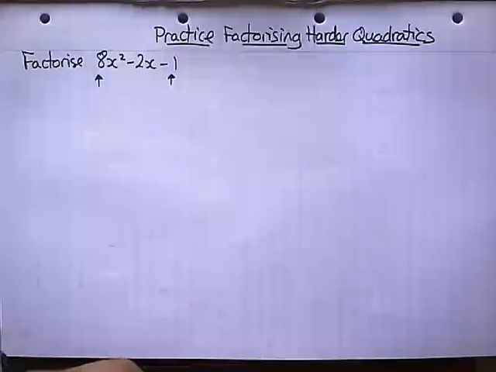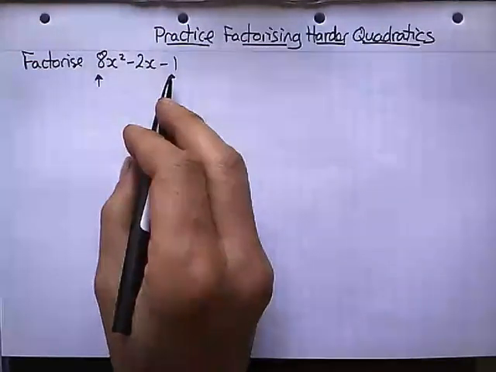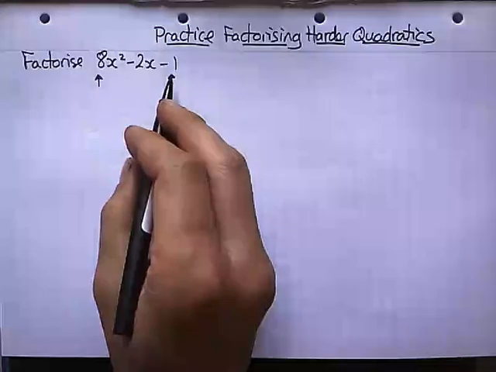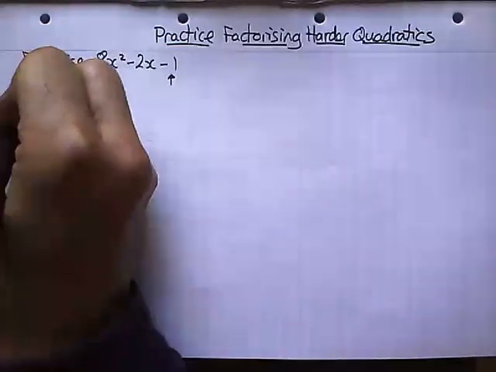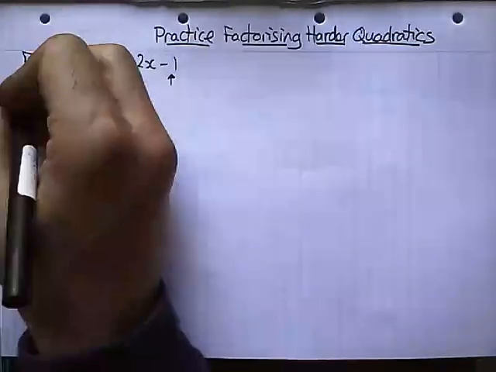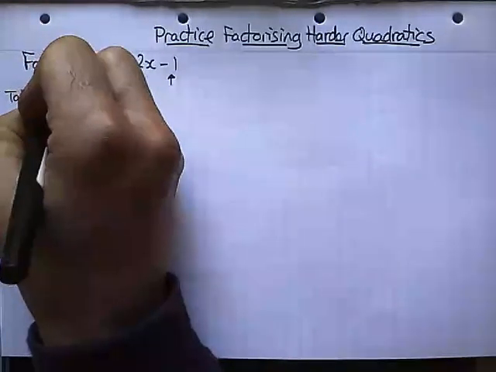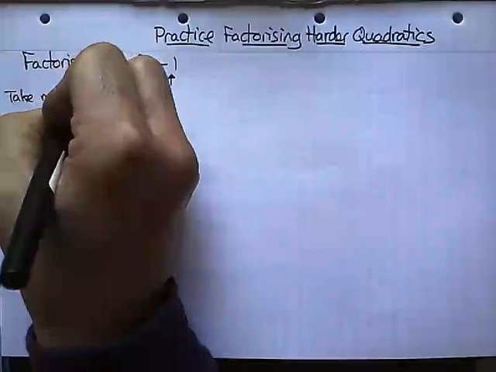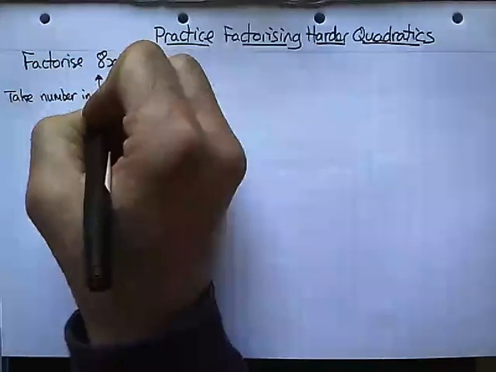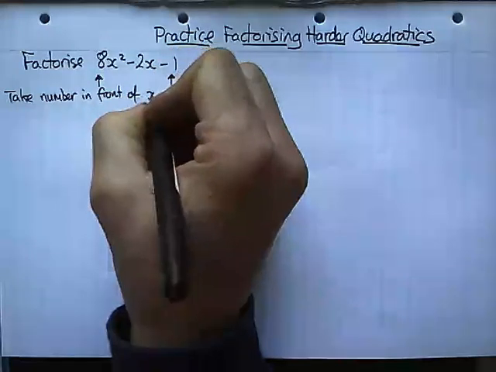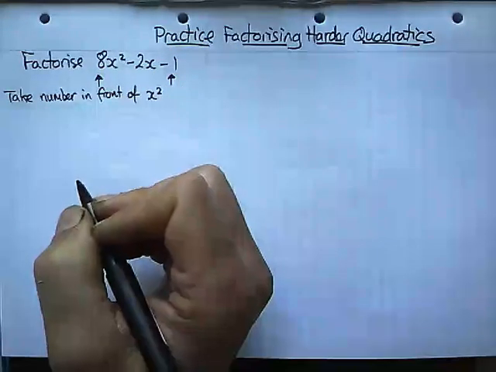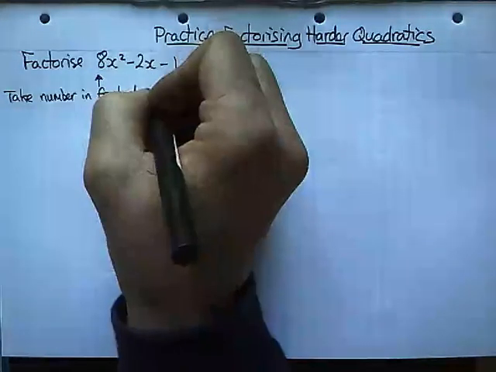Okay, so first of all, we take the number in front of the x squared term and the constant term, we call this the number on its own, and we multiply them together. So take the number in front of x squared. Well, if it was y squared, you'd take the number in front of y squared or anything else.